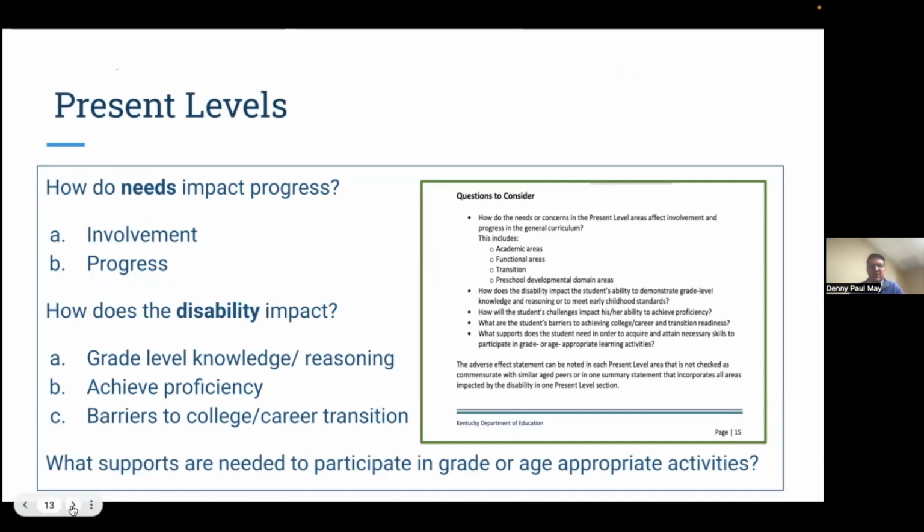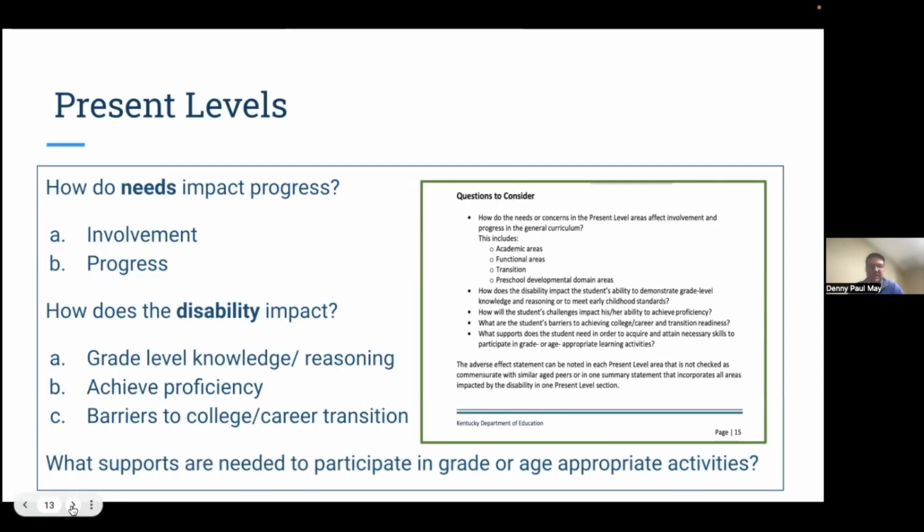So here's just a section that says, here's how needs impact progress, involvement in the curriculum, and the progress needs to be, and how does the disability impact? Okay, grade level knowledge, reasoning, achieve proficiency, barriers to college and career transition. So this is what we're talking about when we're thinking about all of these areas. That's why we can't leave these things out, because we have to make sure that we have enough information in the IEP to adequately address the student's needs.